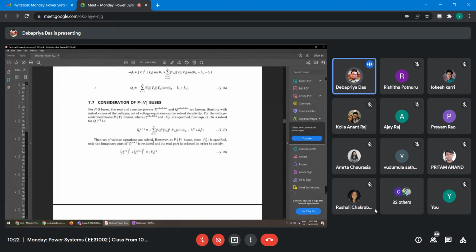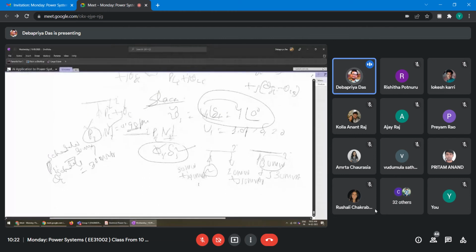The set of voltage equations are solved. However, for PV buses, Vi magnitude is specified, only the imaginary part of Vi(p+1) is retained, right? That means, I'll show you when I take the numericals, that voltage magnitude Vi is specified. This is actually a known quantity, but the angle is not known.